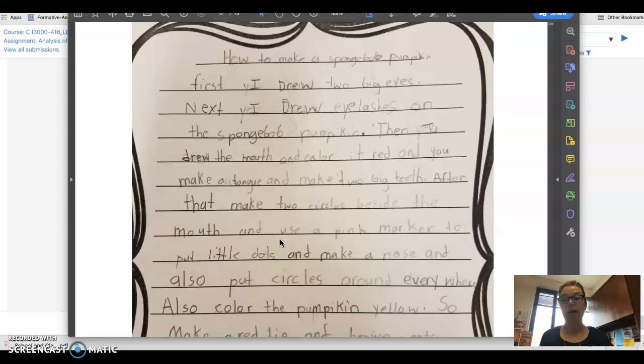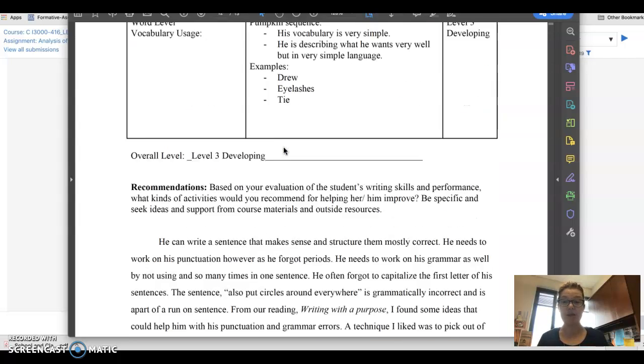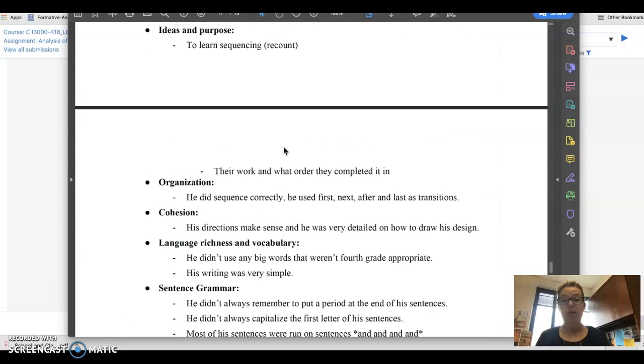So this is a procedural recount, and the student is slightly confused, I would argue, between whether he is supposed to use I or you. You can see here that he was going to use you and then he used I. So I'm not really sure which the teacher wanted. So that's something to make note of.